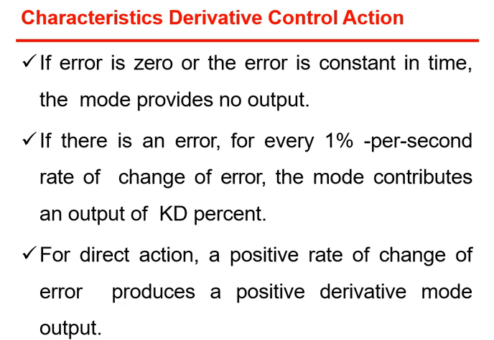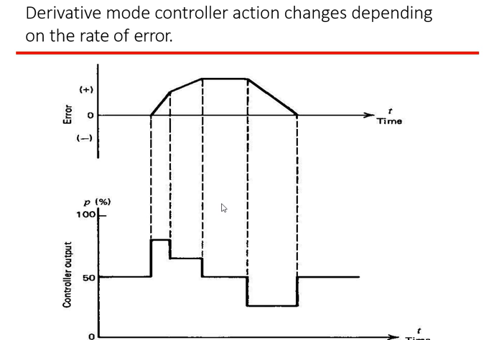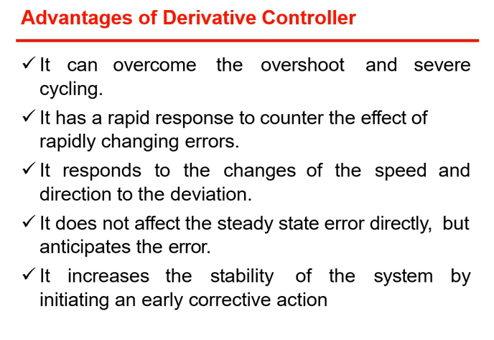If you see over here, this picture is giving you much idea about the derivative action. That's why in the previous lecture as well I told you to please see the online simulators of derivative, integral and proportional. I think proportional is very simple.